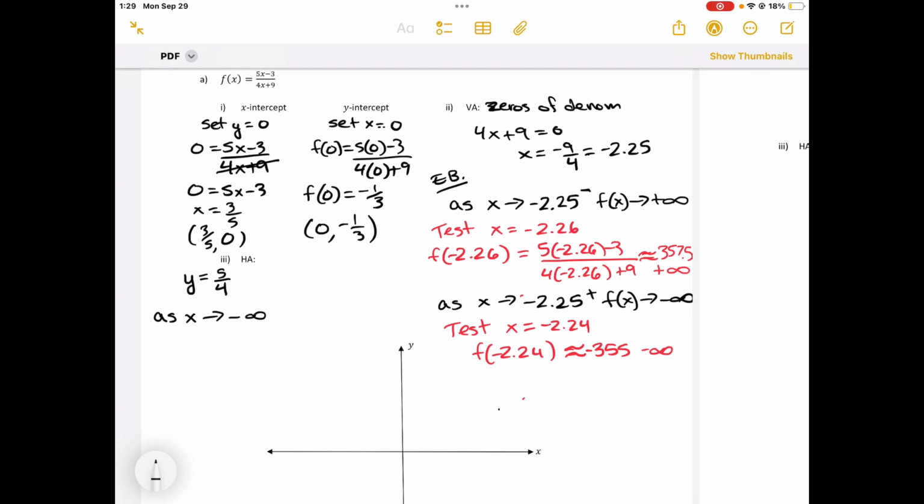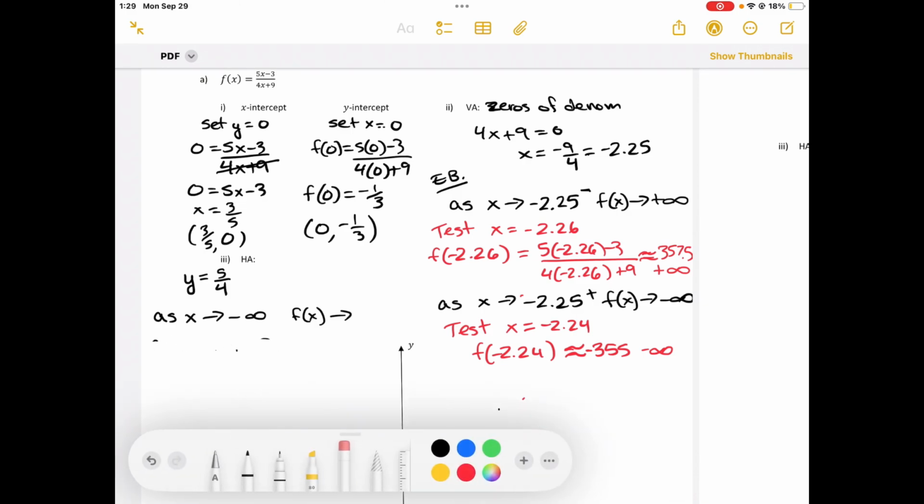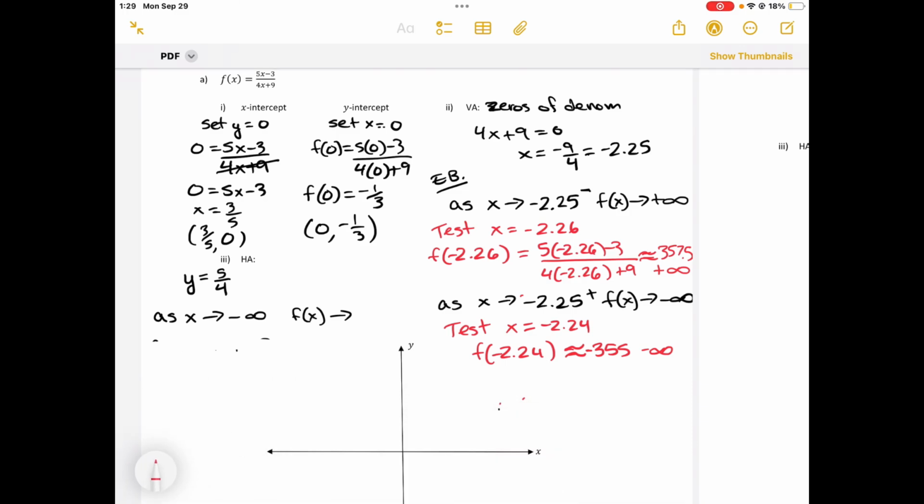So I need to know as x goes to negative infinity, what is happening to my function. And then as x is going to positive infinity, what is also going to happen to my function. So I'm going to pick a test value that is first a very large negative number, and we're going to use minus 100.